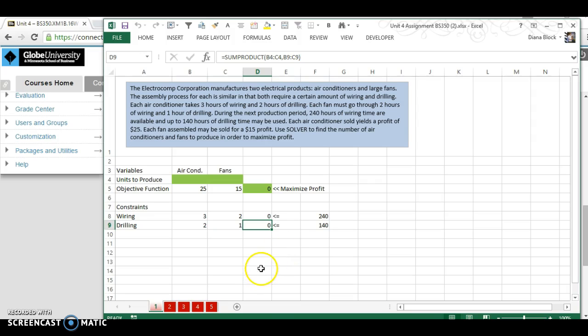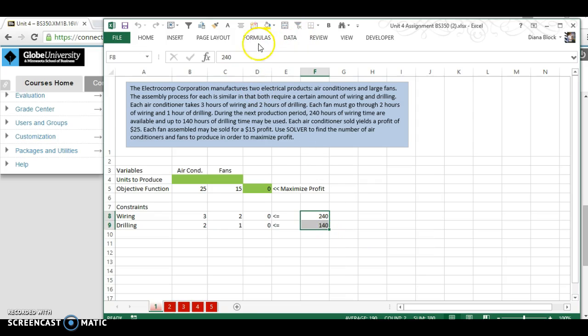So that's how you use Solver. You get your sheet set up, enter your profit figures if that's what you're working with, enter your formula for profit, enter all of your constraints, make sure you have your sum product formulas here so you can get the totals on your constraints and what it needs to be compared to.